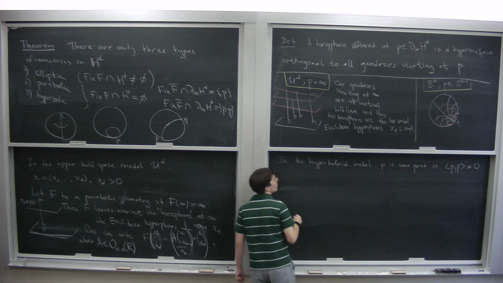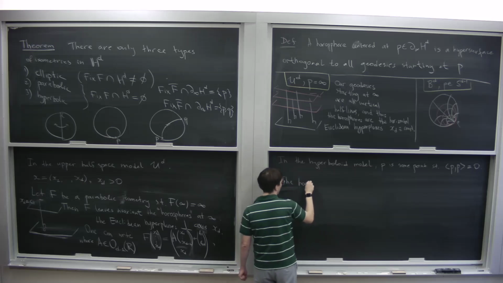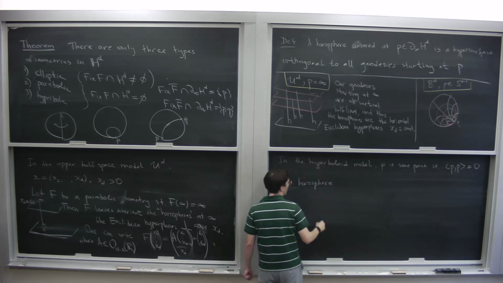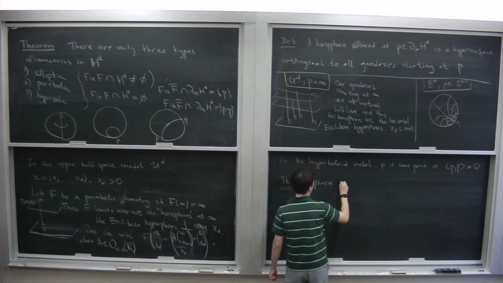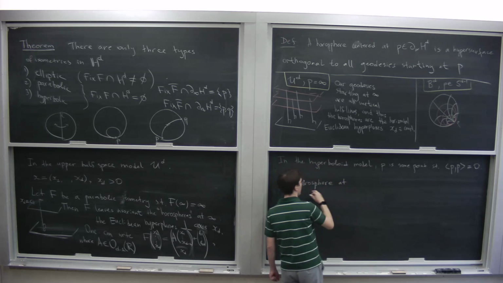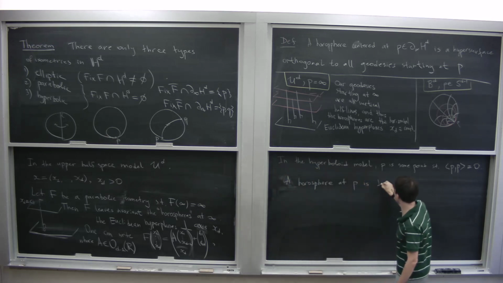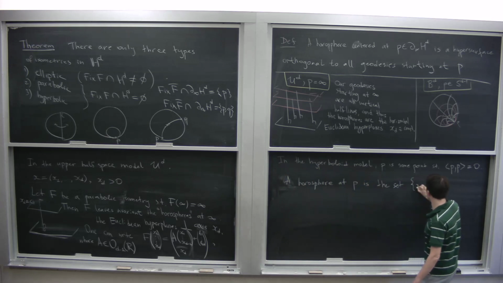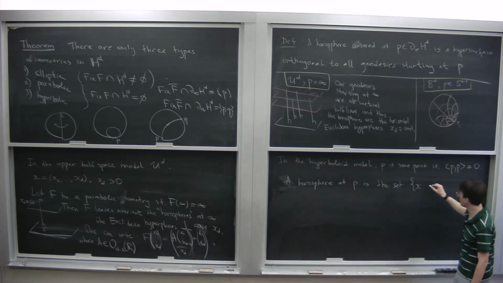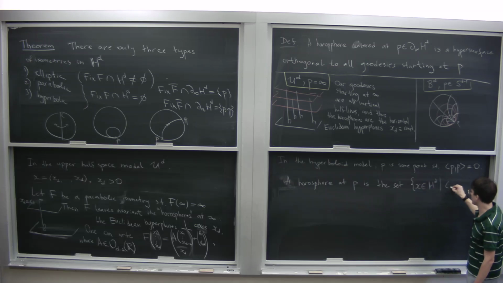Then I describe some arbitrary horosphere at P: it is the set of points X from HD such that the scalar product of X with P is also some constant.